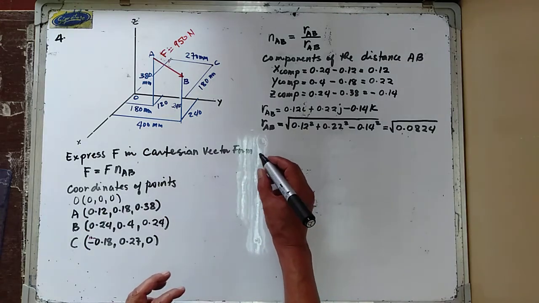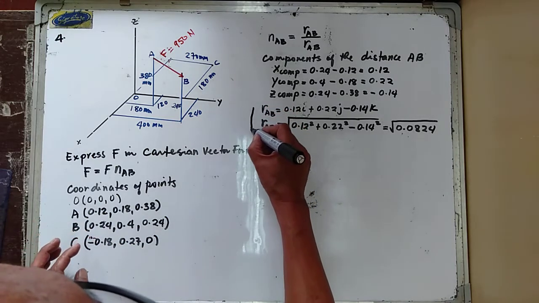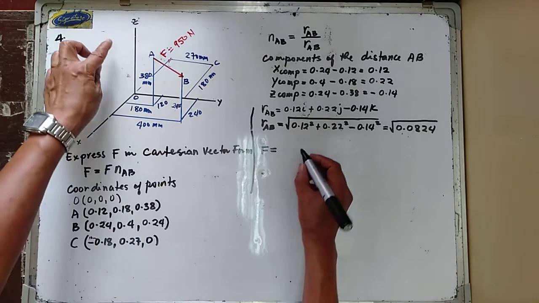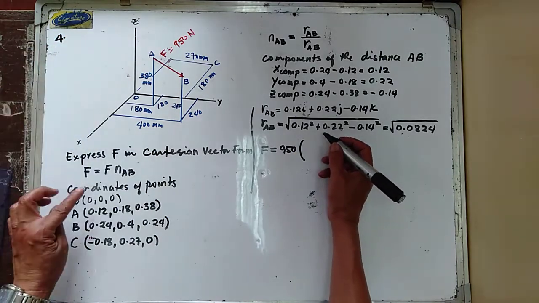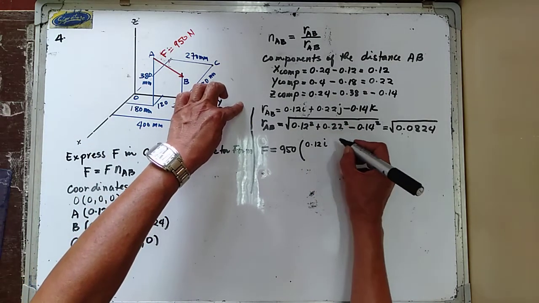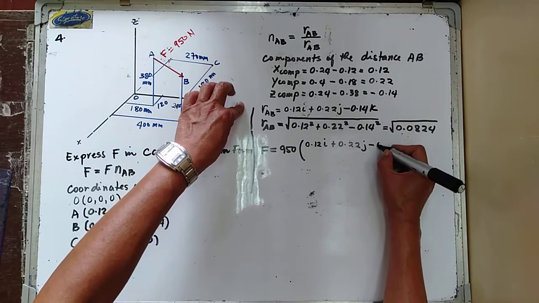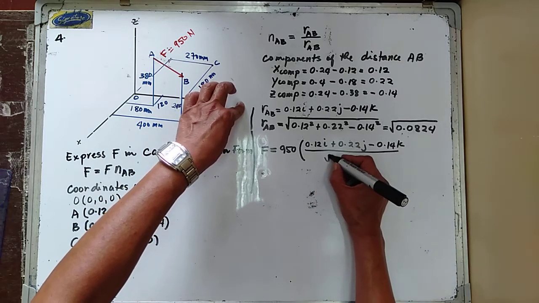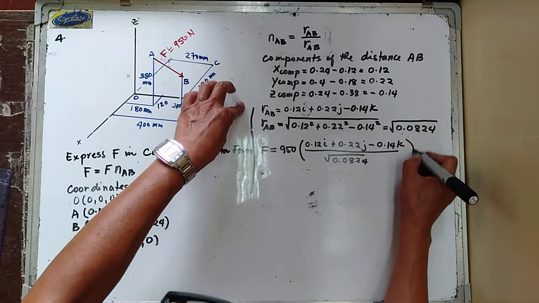Hence, your F is now equal to 950 multiplied by 0.12i plus 0.22j minus 0.14k over the square root of 0.0824.